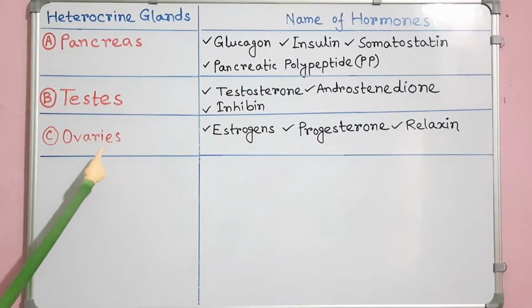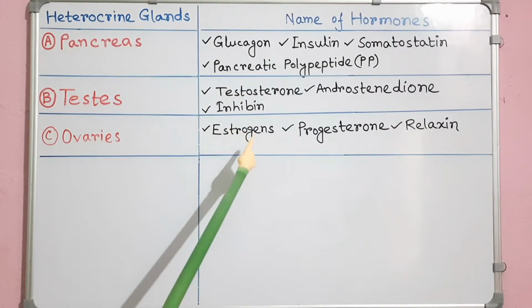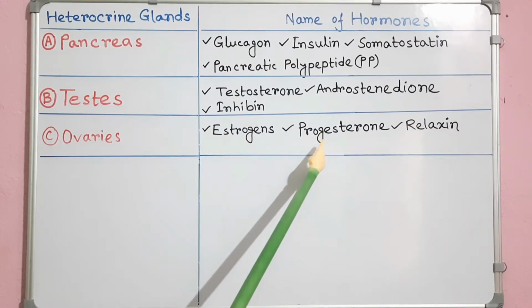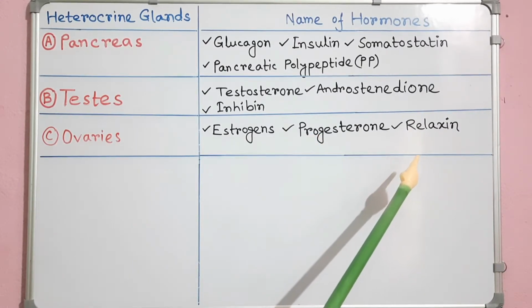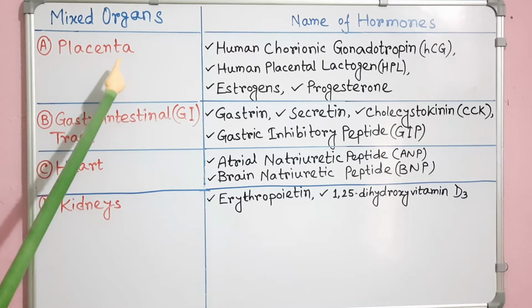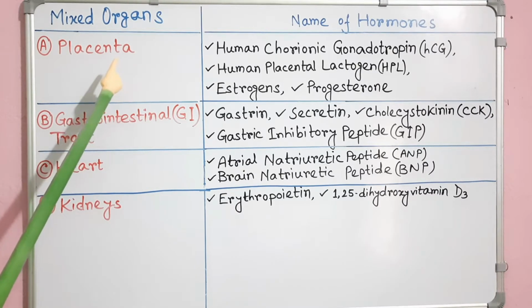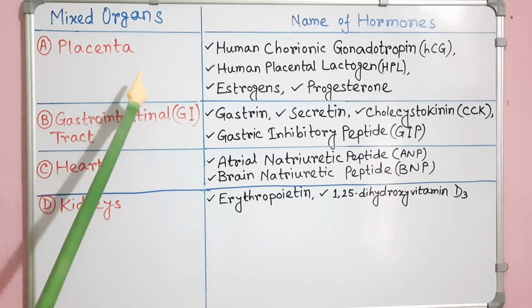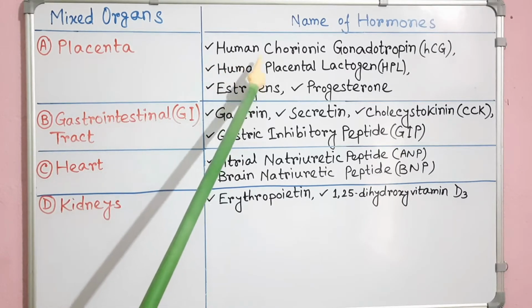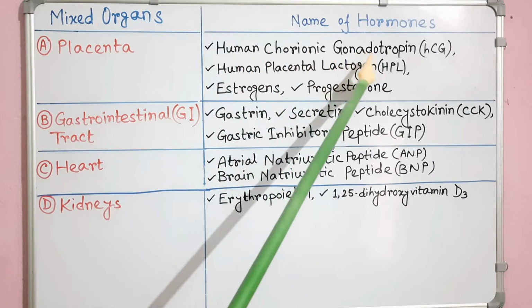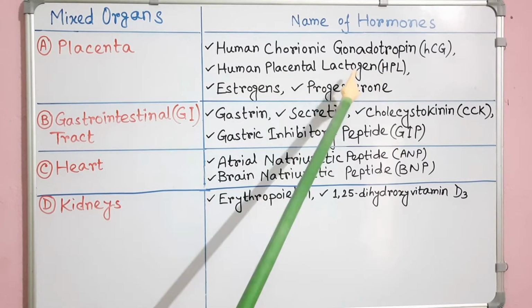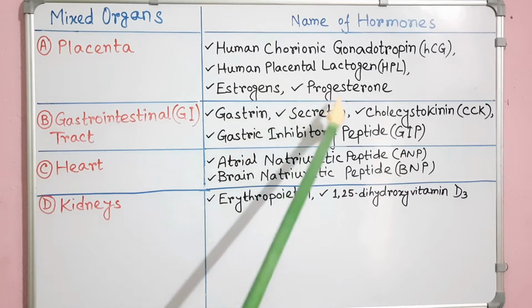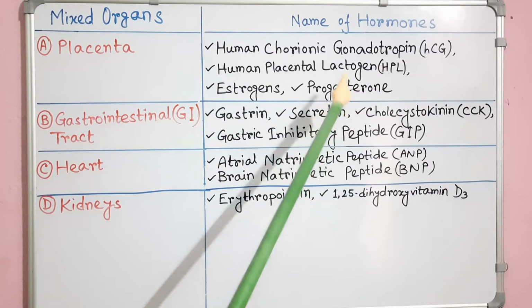Ovaries in females produce estrogens, progesterone, relaxin hormones, etc. Placenta secretes a few important hormones during pregnancy. They are human chorionic gonadotropin hormone, human placental lactogen hormone, estrogens, progesterone, etc.